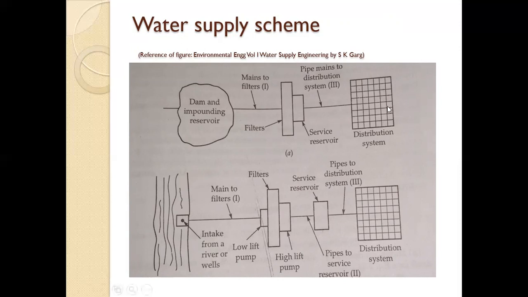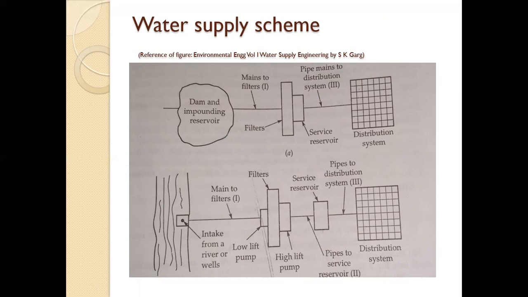After that, the water is conveyed to the distribution system. Before the distribution system, chlorination is done for the removal of bacteria. Chlorination is the disinfection process, and before chlorination, filtration is done.